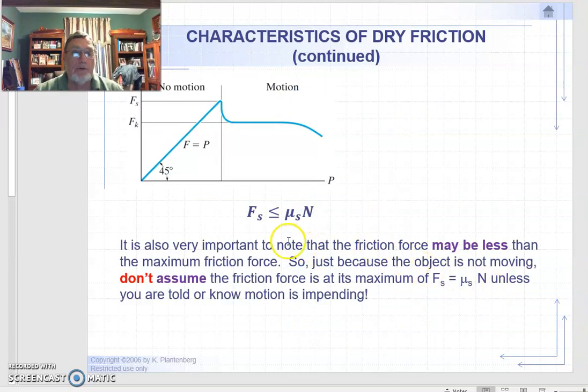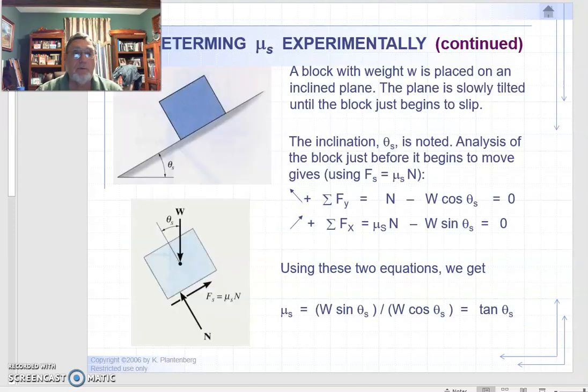So typically the force of static friction F is less than or equal to mu sub s times N. Sometimes you find it from Newton's law. Sometimes you assume that it's at this maximum, but you have to be told that it's impending motion or about to move or something. Inclined plane problems, I didn't really give one on this homework.